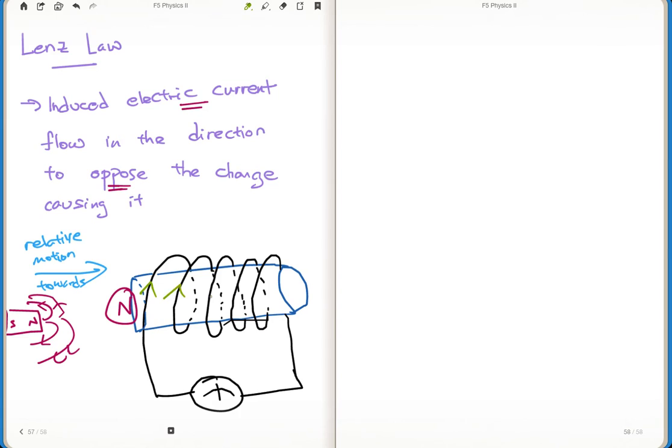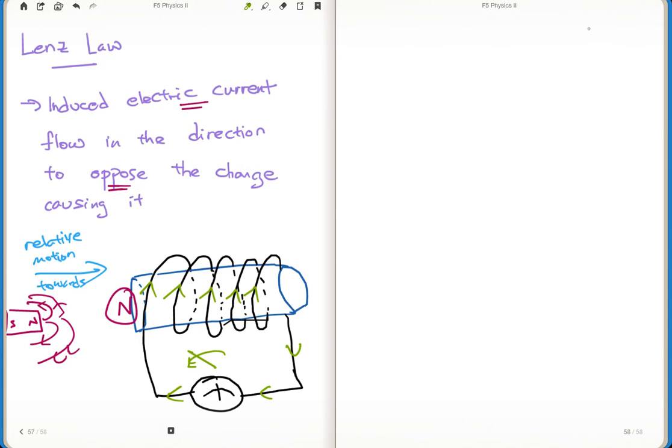All four fingers point up, the thumb goes left, so therefore this is the north pole. So the current goes up, and the needle will point left. So this is what happened.